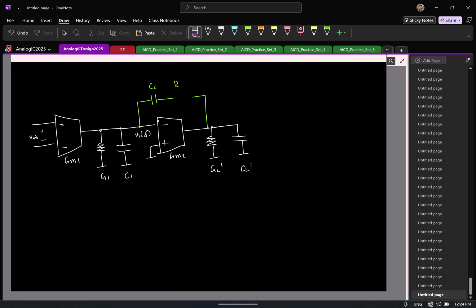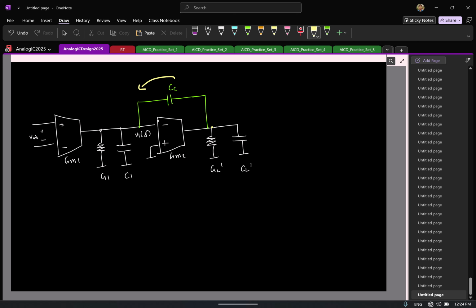Again, this is not there, just CC is there. So here, remember that I have a 0 because I have currents flowing in both sides, right? And that gets added to the output at some complex frequency, it becomes 0, correct? And remember that with the Miller effect, all I wanted was a feedback.